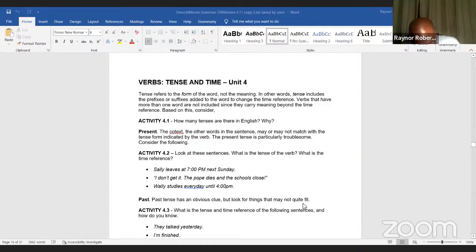Some people say there's 16 tenses. So you have some people that argue that there's 16 verb tenses. And then some people say there's 24.